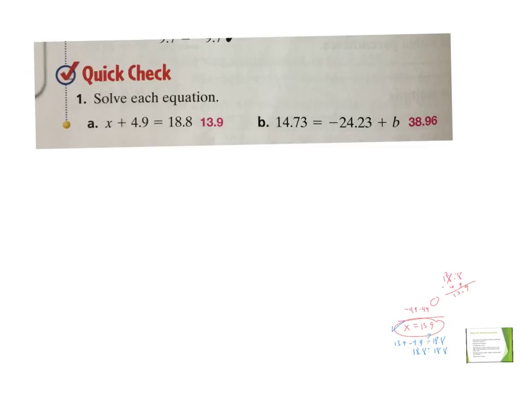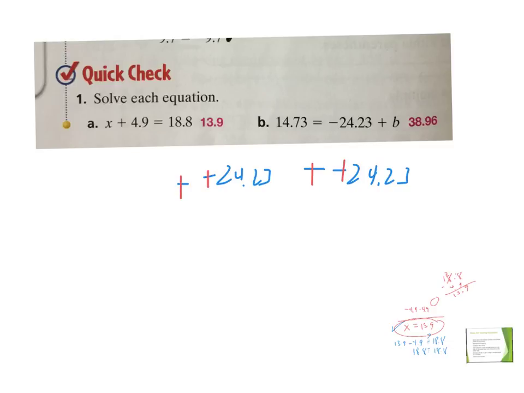But anyway, on here we have negative 24.23 added to b. So to undo that, there are two ways to look at it. You can subtract negative 24.23. So you go minus, minus negative 24.23. Then you might remember, when they have double negatives, you're really adding, right?